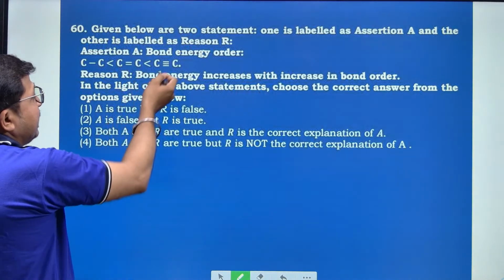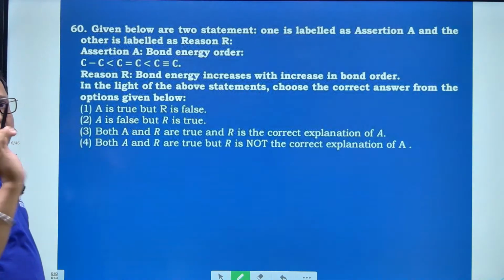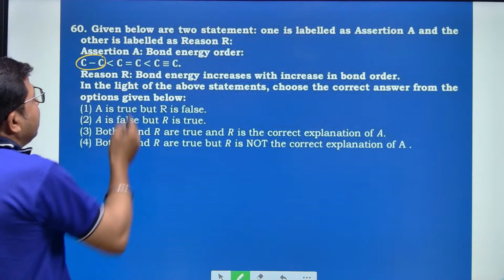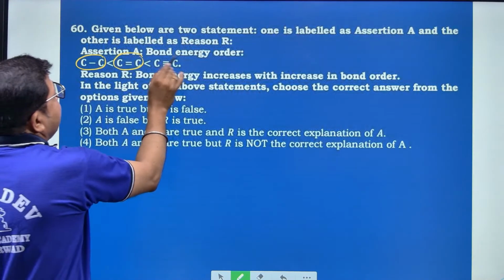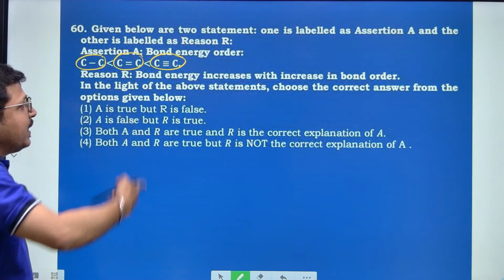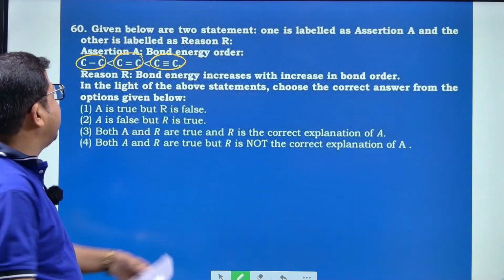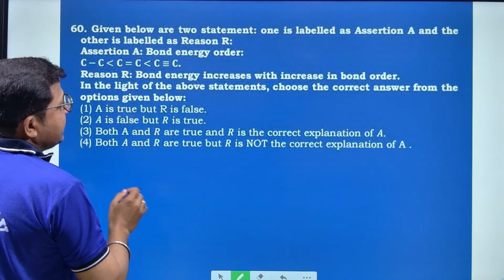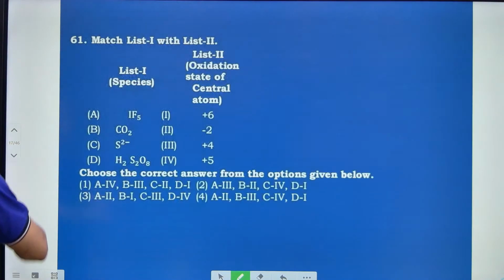See, both statements here: the assertion gives bond energy in increasing order, because carbon-carbon single bond has order 1, double bond has order 2, and triple bond has bond order 3. As the bond order increases, the bond energy also increases, hence the assertion and reason are both right, and reason is the correct explanation of assertion, option number 3.